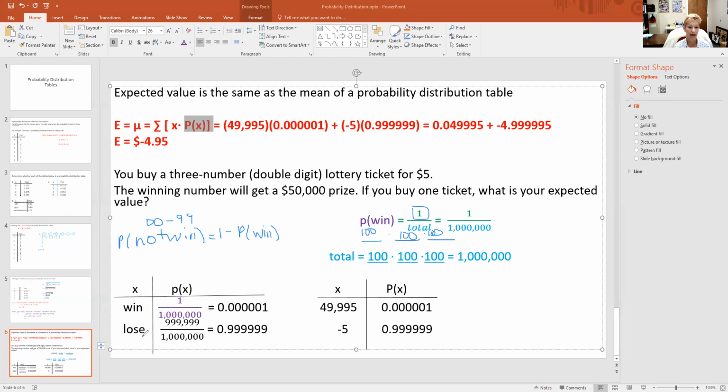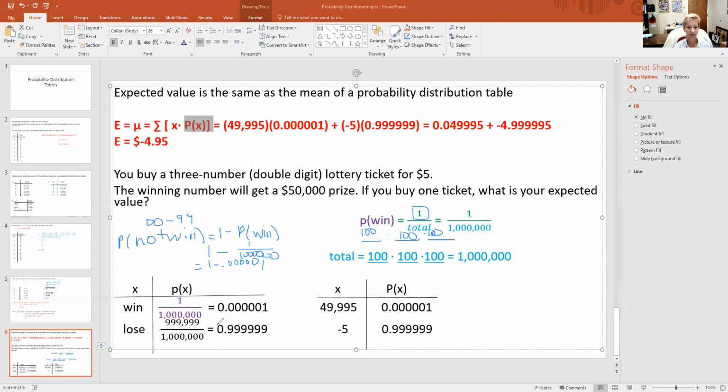I could have put win and not win, but most of us say lose. So if I do 1 minus 1 over a million, all I did here was change my fraction to a decimal. I can do 1 minus the fraction, or I can do 1 minus 0.000001.